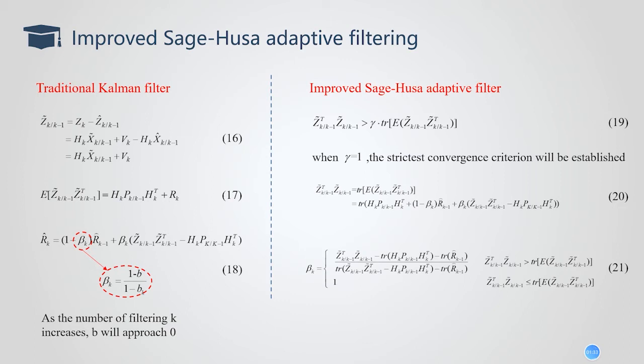The filtering divergence criterion is shown in Formula 19. When gamma equals 1, the strictest convergence criterion will be established. Finally, the optimal delta K can be obtained as Formula 21.